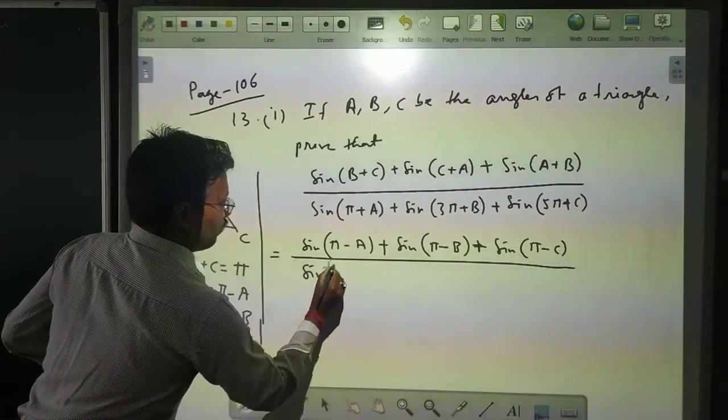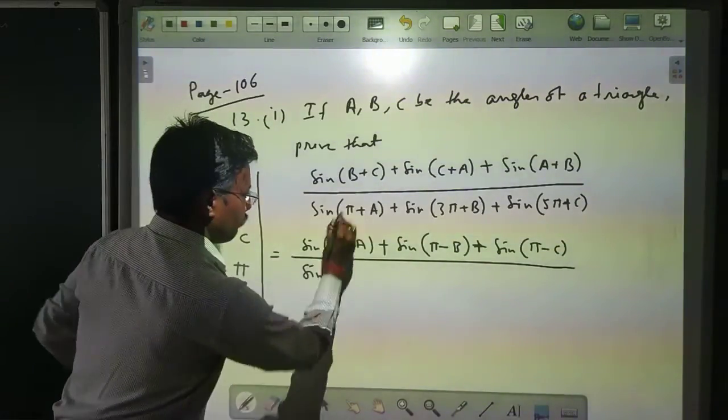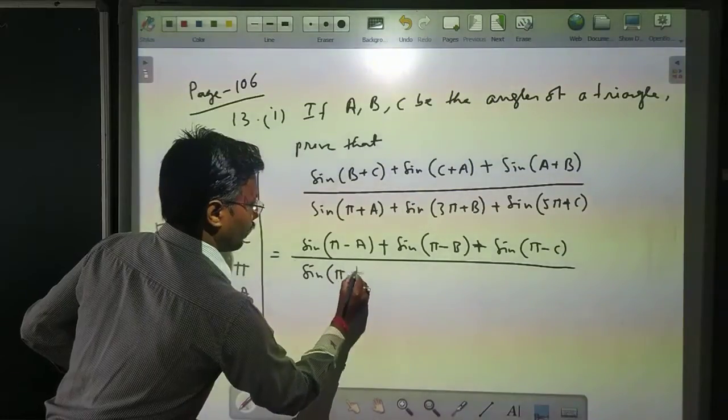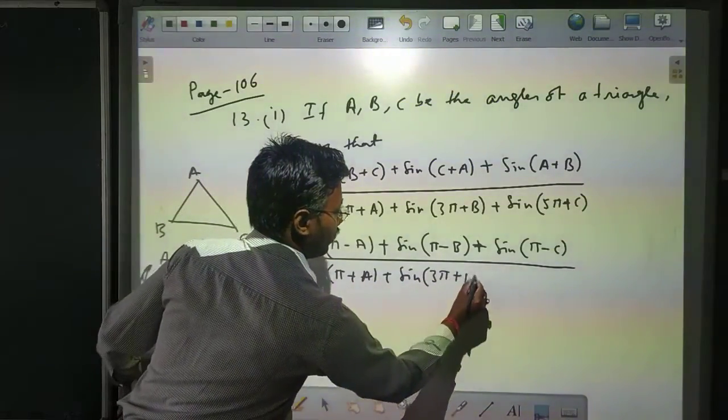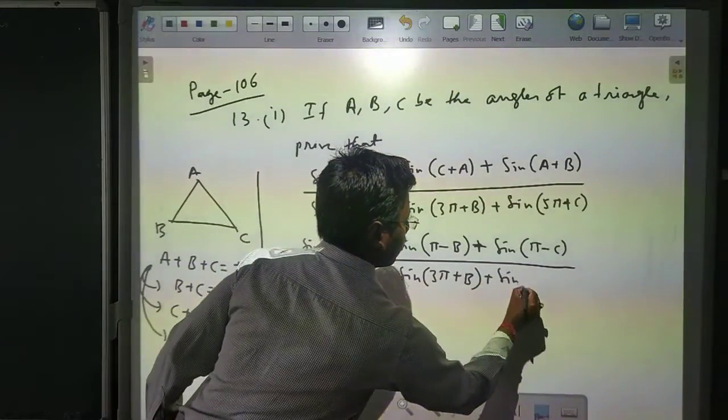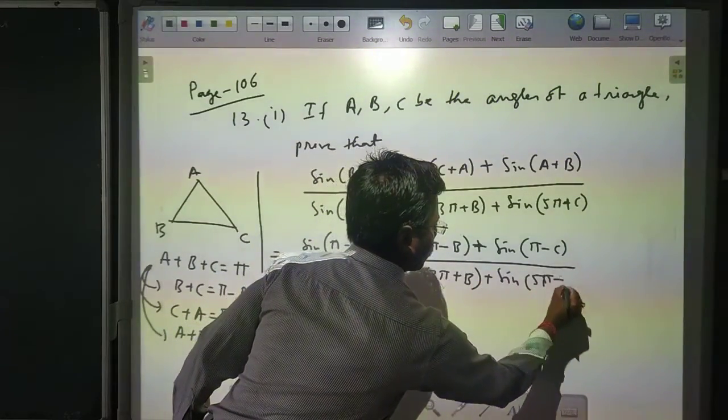And this remains the same. You can write it as it is, sine pi plus a plus sine 3 pi plus b plus sine 5 pi plus c.